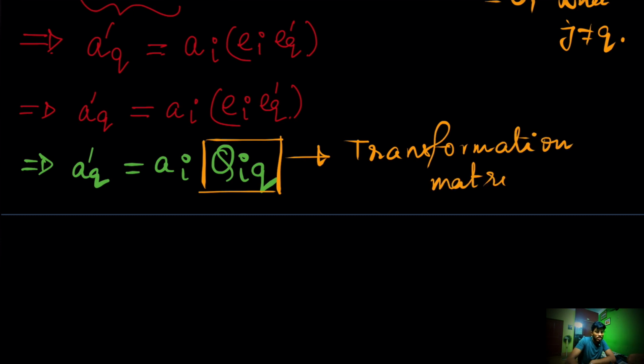Transformation matrix. So Qiq is equal to ei dot eq dash.